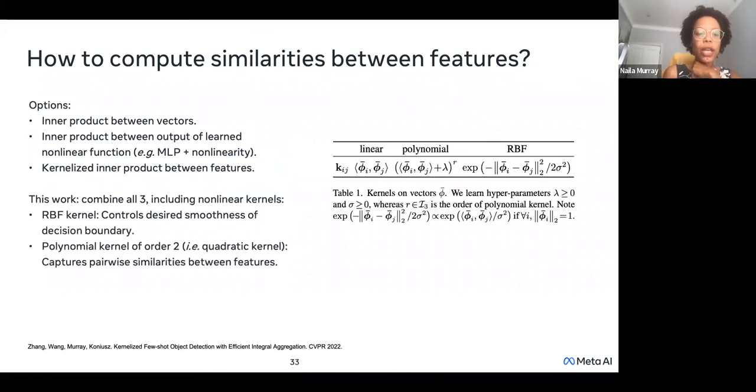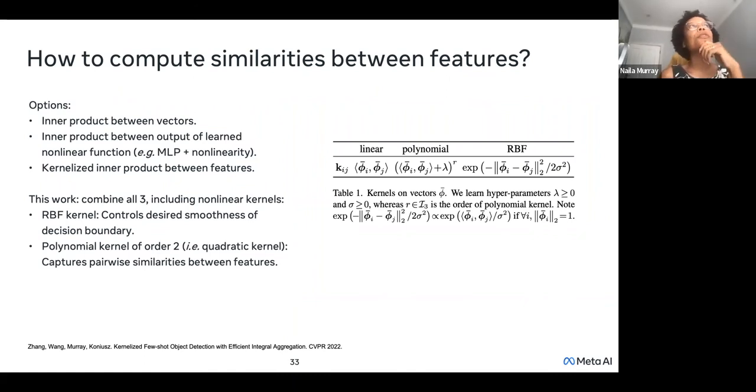So in this approach, we're going to combine all of those for different reasons. Notably, we're going to be including nonlinear kernels, and we're going to look at two of them. The RBF kernel, which allows us to control some smoothness properties of the representation of the similarities. And then the polynomial kernel, specifically the quadratic kernel, which is going to capture pairwise similarities between features.